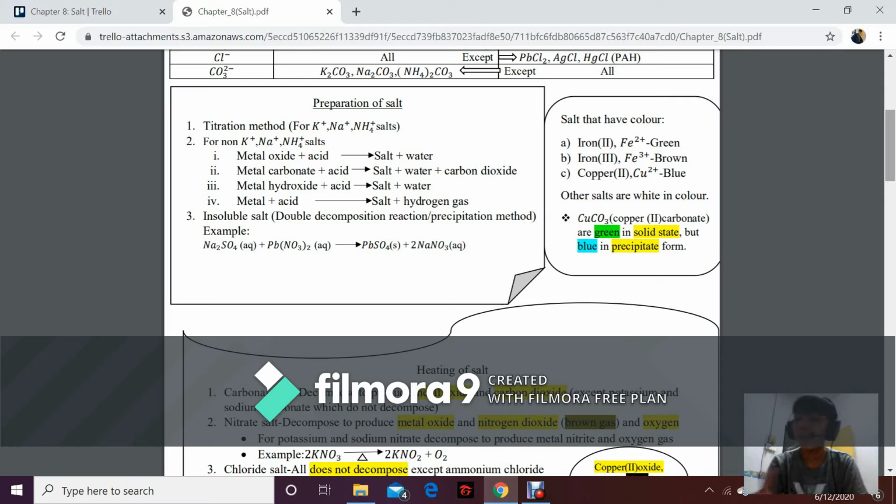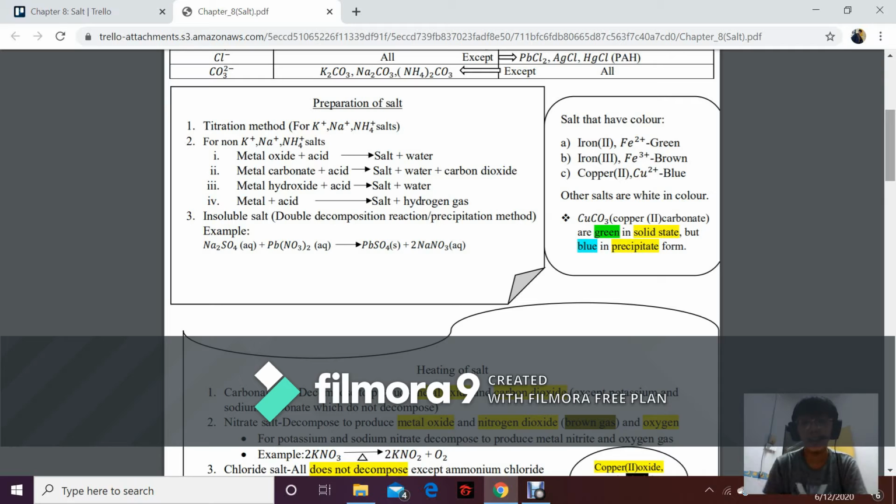For Fe3 plus salt, for example, FeCl3, that is iron 3 chloride, which is brown in color. FeCl2, iron 2 chloride, is green in color. So you need to memorize the color.